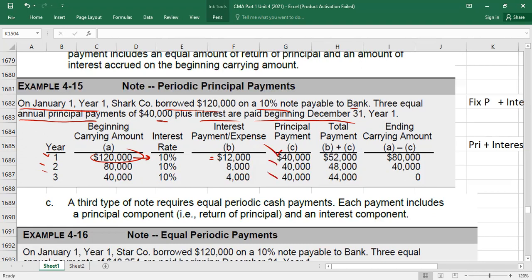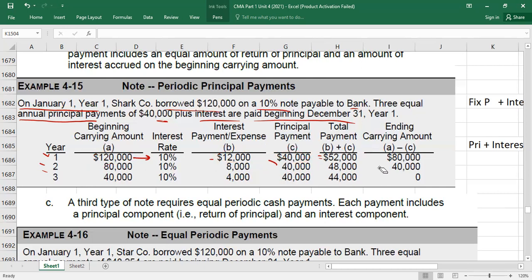So what is my first installment? 12,000 plus 40,000. This will become my installment. Right or wrong? How do I get the closing liability? Opening value minus principal settled. This will be my ending liability. Understood? Because opening principal minus principal settled should be ending liability.